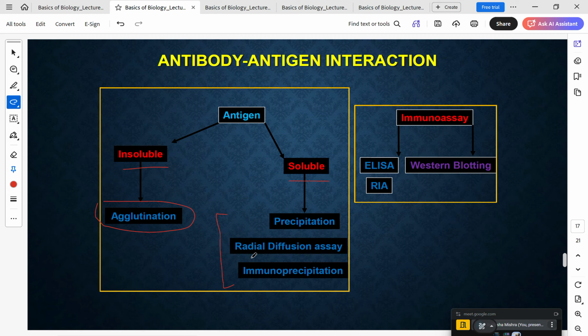You can do radial diffusion assay or immunoprecipitation. We will be discussing agglutination in a bit. Other antibody antigen interaction checking mechanisms are ELISA, Western blotting, or radioimmunoassay. All of these assays are based on a very strong antibody antigen interaction going on.